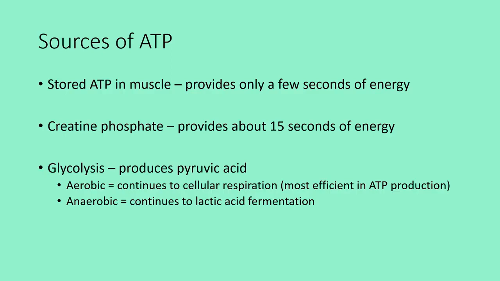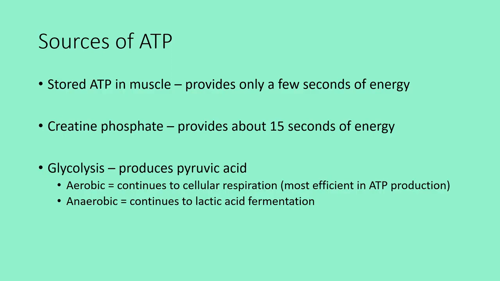If oxygen is not present, then you're going to go the anaerobic route. And what happens there is now that you've got the pyruvic acid, oxygen is not present. So for animals, what you're going to do is what we call acid fermentation, specifically lactic acid fermentation.